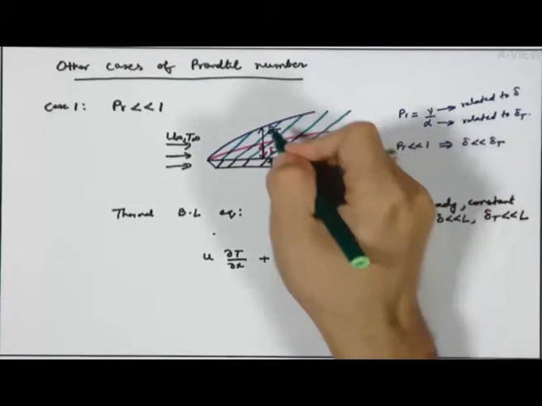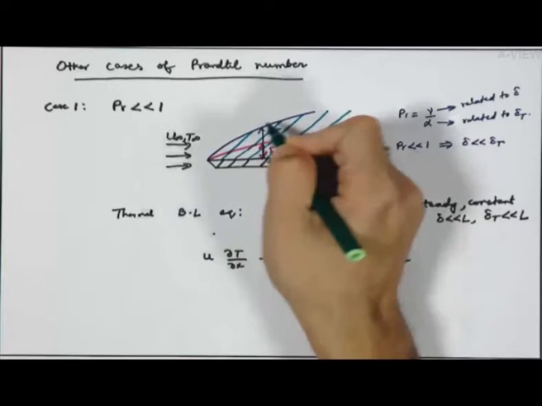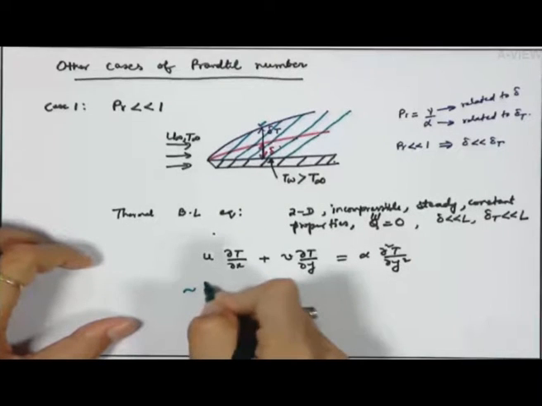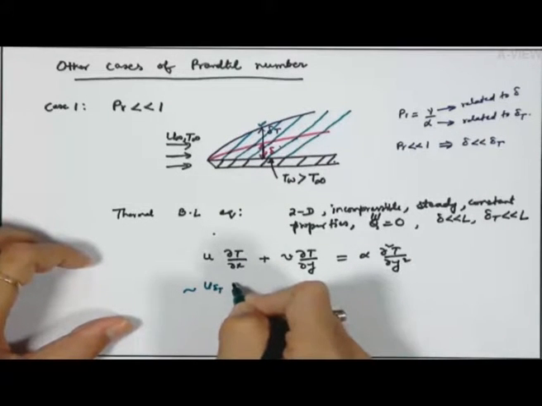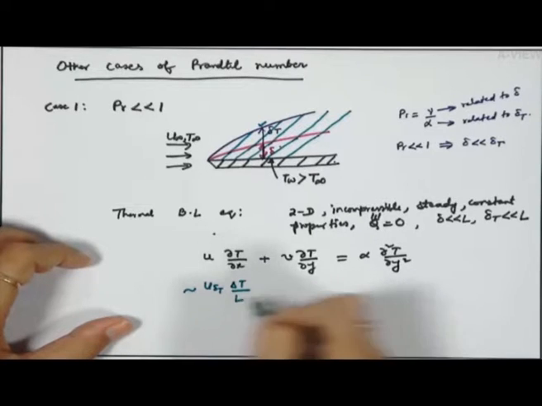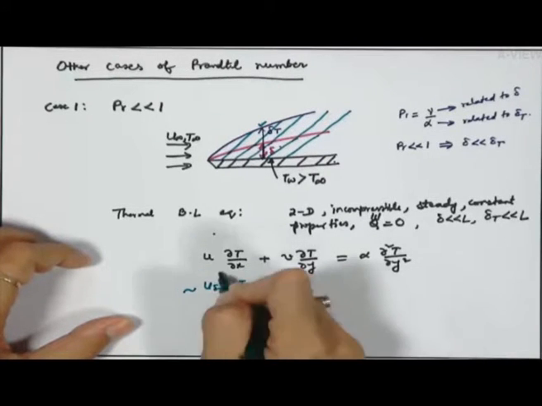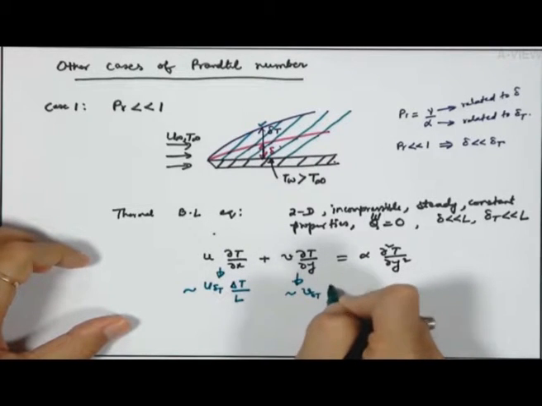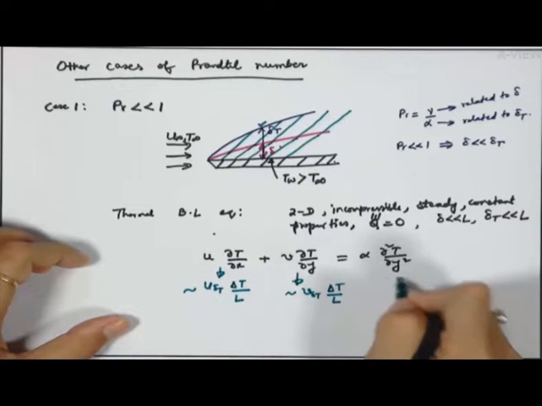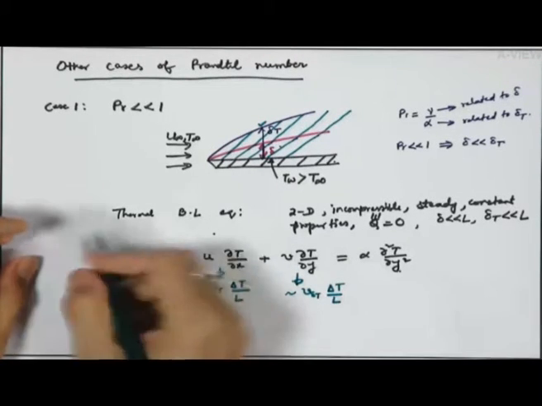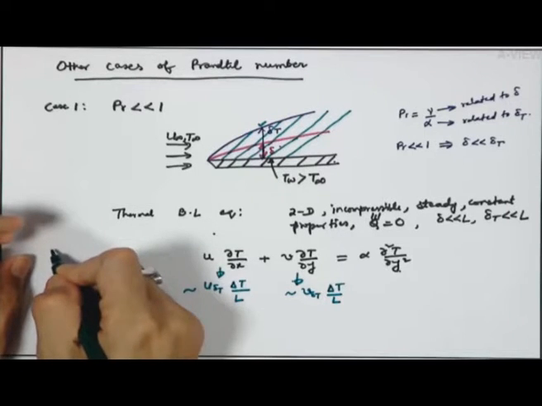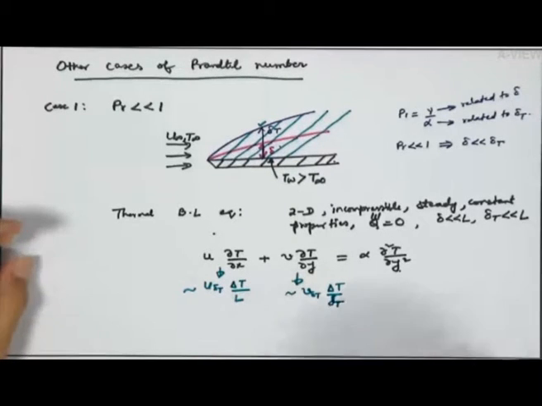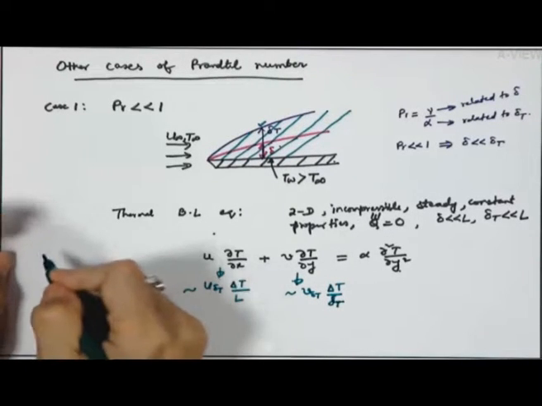So, within the thermal boundary layer, what is u at the edge of the thermal boundary layer? Order of magnitude wise, this is u at delta T into delta T by L, where L is the length of the plate. This is of the order of v at delta T into delta T by delta T. So, what is v at delta T?